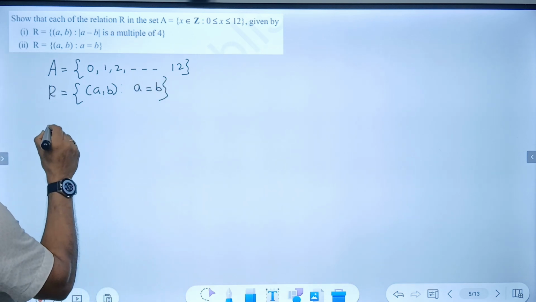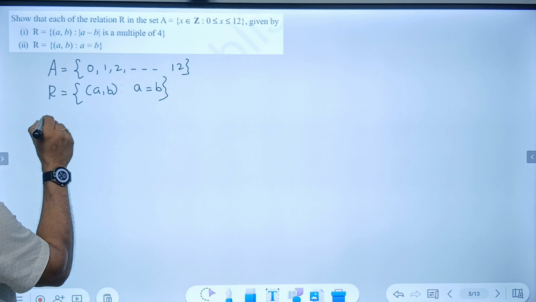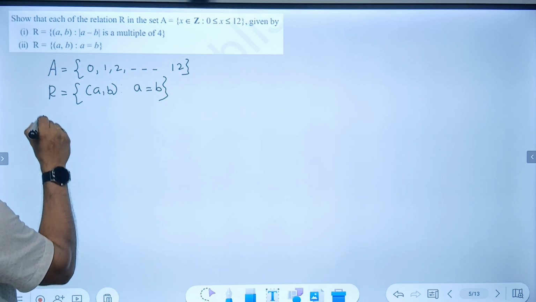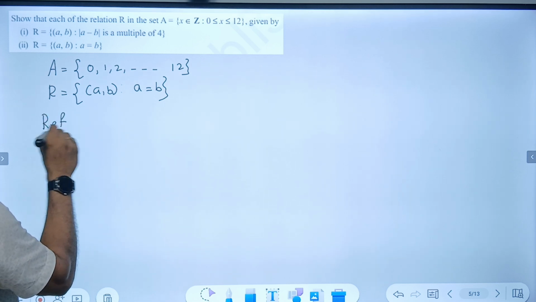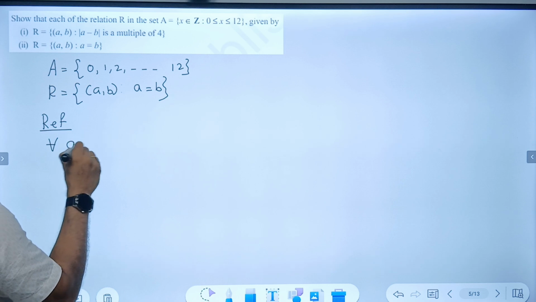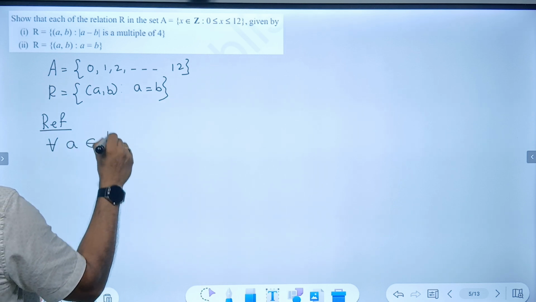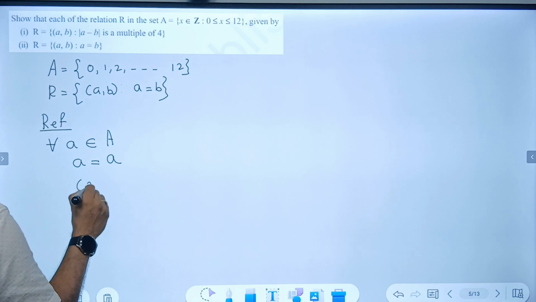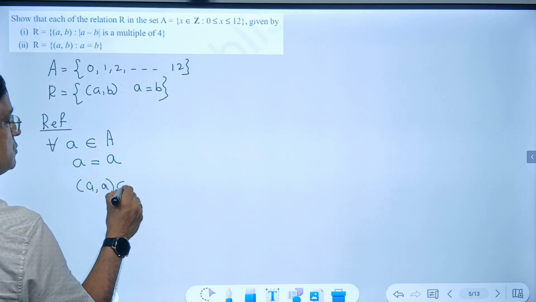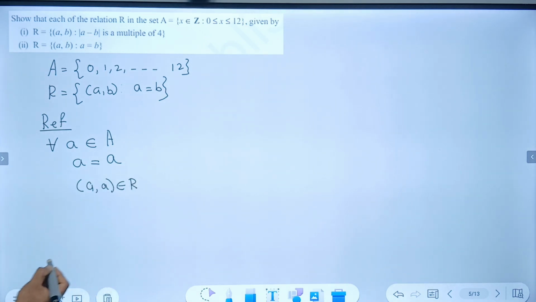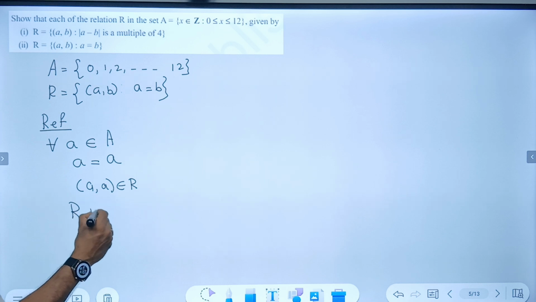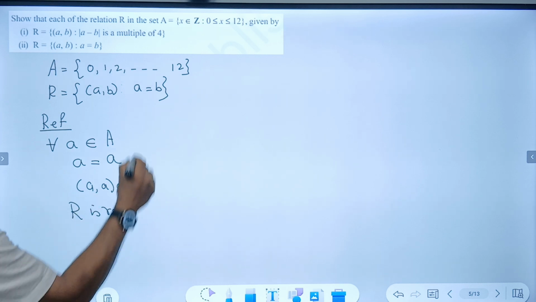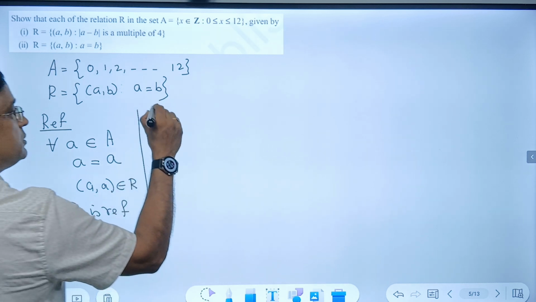Now what I will do is check reflexive relation. How do I do reflexive? For every A belongs to set A, every element is equal to itself. So obviously A comma A belongs to R, therefore R is reflexive. Let's go to the next one, symmetric.